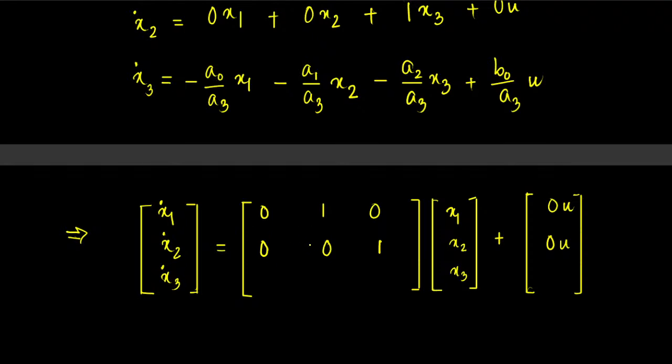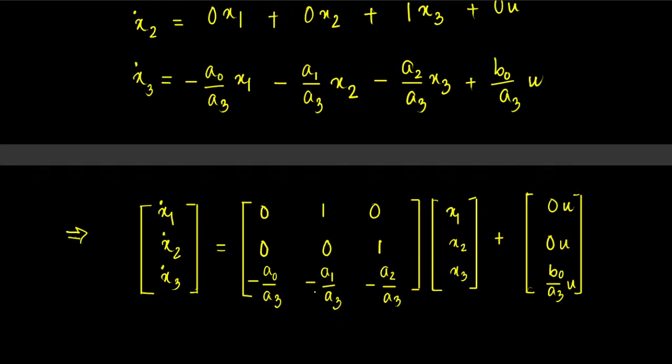All right, and for the last one I have minus a0 by a3, minus a1 by a3, minus a2 by a3. Essentially, here we have b0 by a3 u, right? Of course, this is the reason why I wanted to divide everything by a3 in the very beginning.